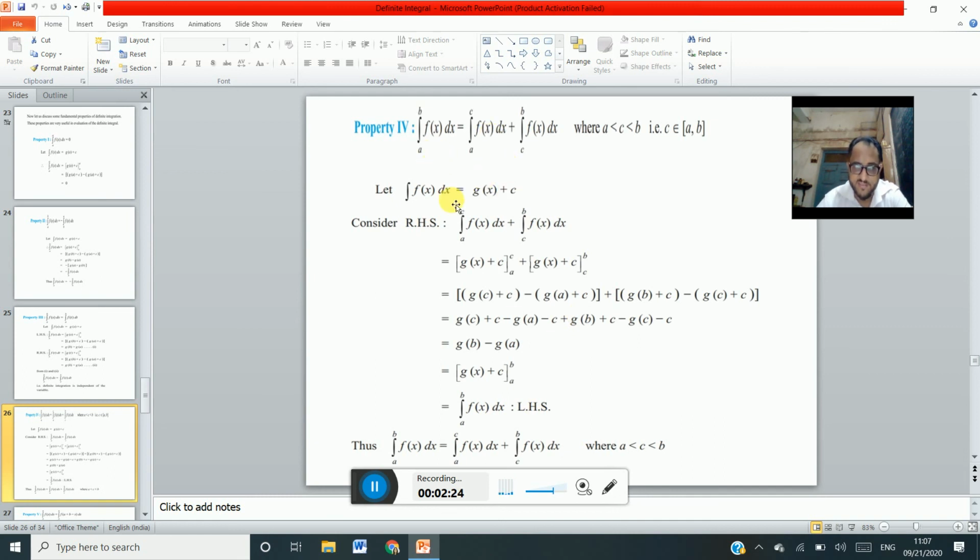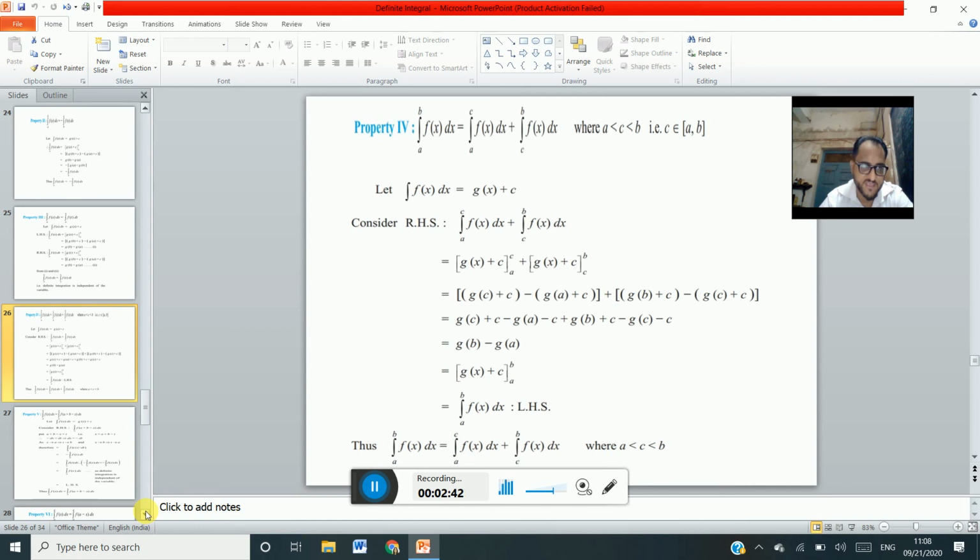Therefore we say that the integral from a to b of f(x) dx is the integral from a to c of f(x) dx plus the integral from c to b of f(x) dx, right? This should be the property number 4, right? And it is a very important property, because it is asked in the examination, right? So try to understand.